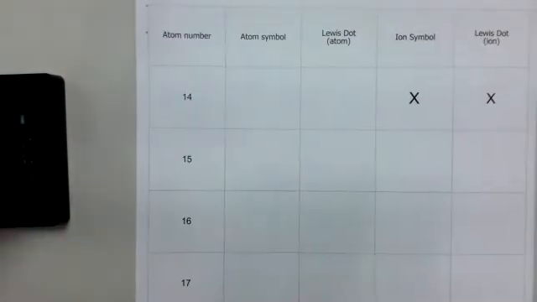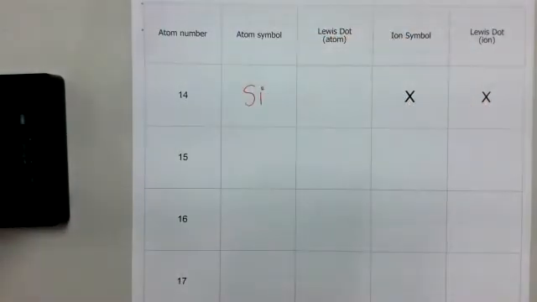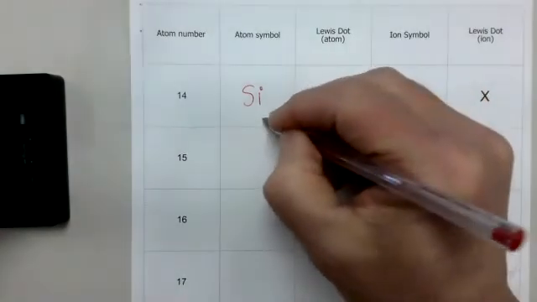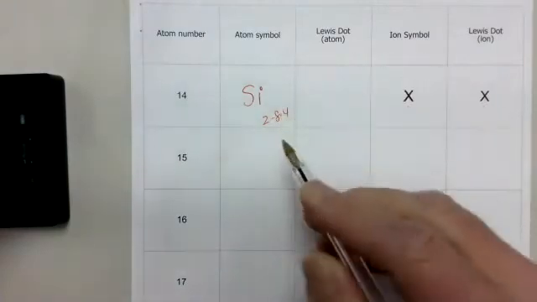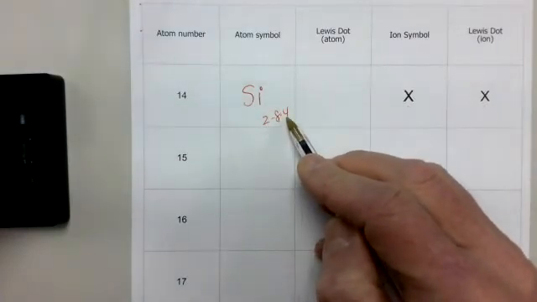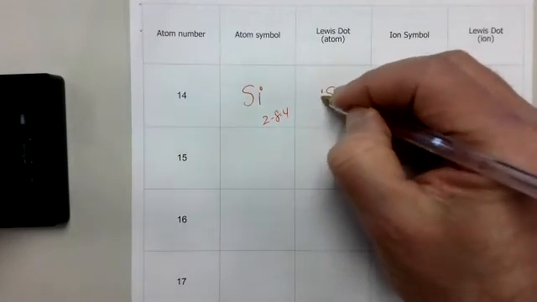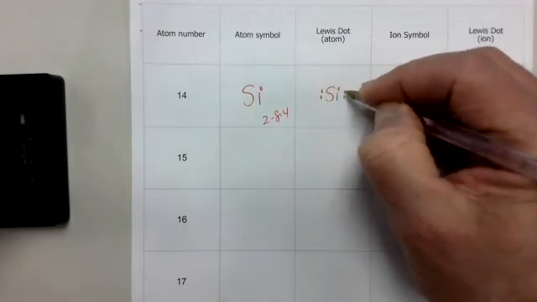Element 14 is silicon, and on the periodic table, we can take a good look at it, the electron configuration is, of course, 2,8,4. It's got 2 plus 8, full, and the leftover go right here. The Lewis dot diagram is actually going to look a lot like carbon's with 4 outermost electrons.